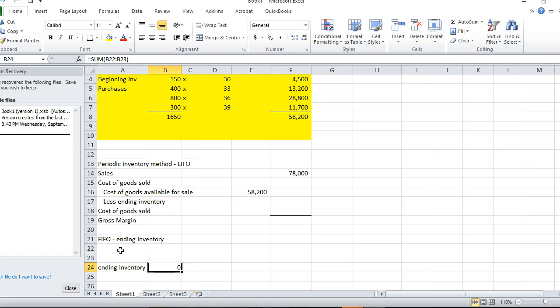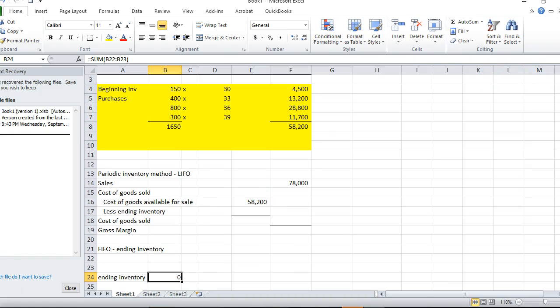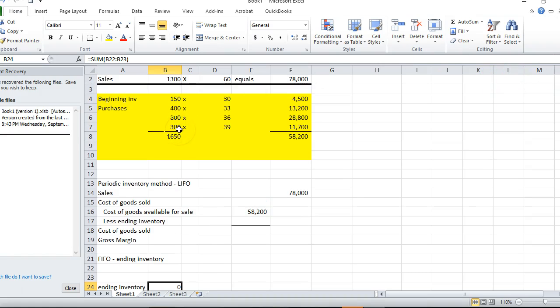So if we sold 1,300 units, does that mean we sold all 300 of these? We sold all 800 of these, and how many of these did we sell? 200.